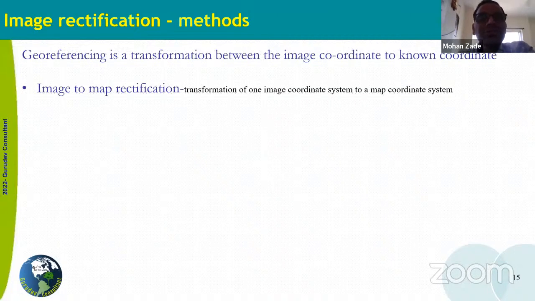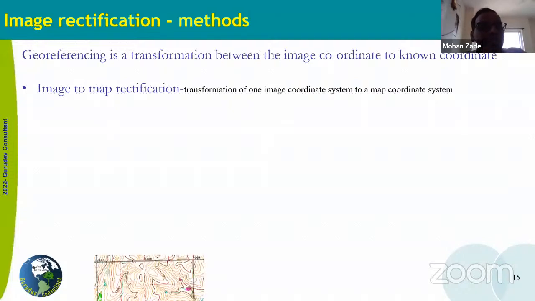Once you receive the images, you do some corrections on them. This correction is known as georeferencing or rectification. These are done to fit your raw image into your own coordinate system or a map coordinate system.